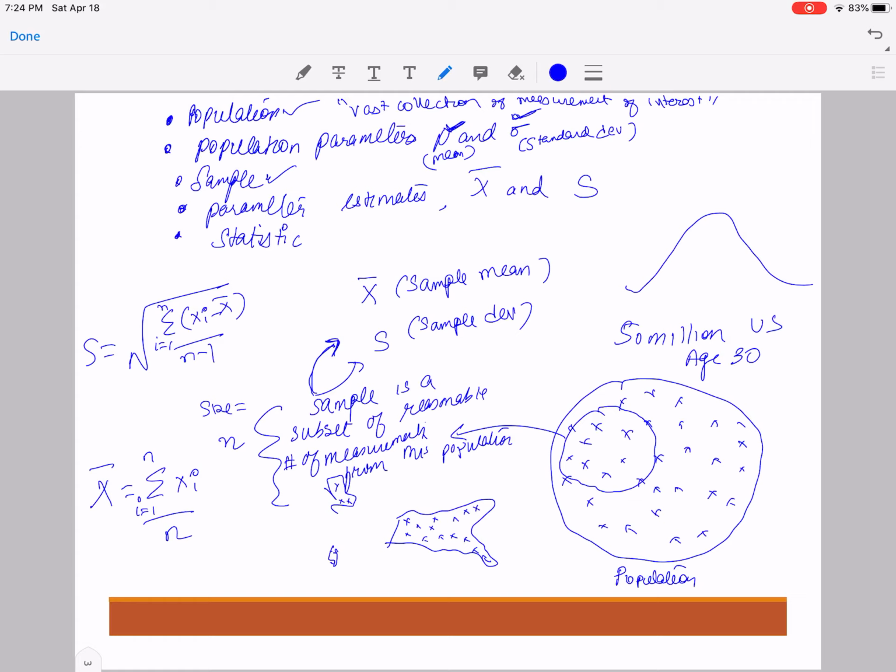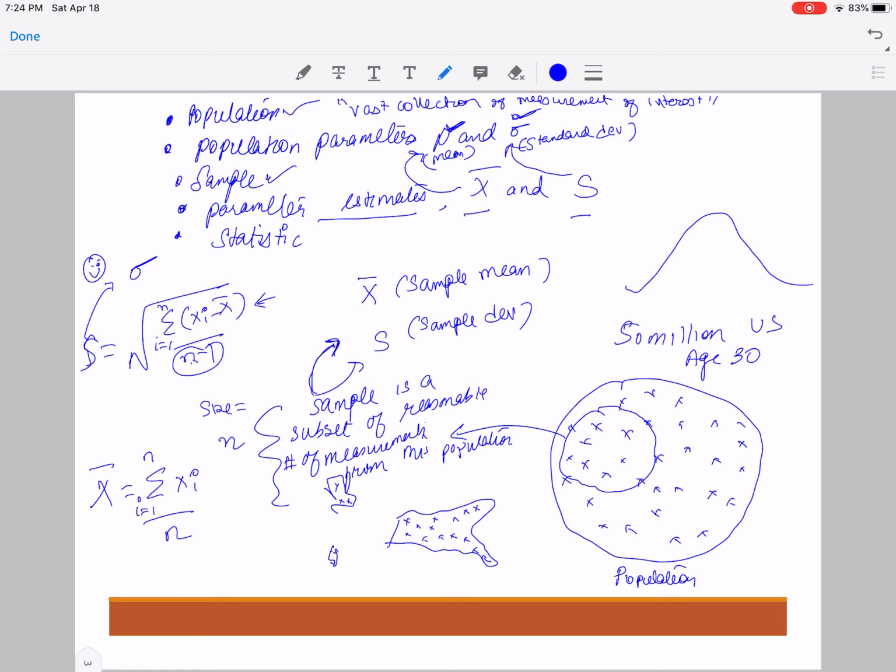The reason why we divide this numerator term by n minus 1 is for considerations that make S a very good estimate, an excellent estimate of the population standard deviation sigma. So using X bar and S, I can estimate mu and sigma, and that's why X bar and S are called parameter estimates, because they estimate the population parameters mu and sigma respectively.